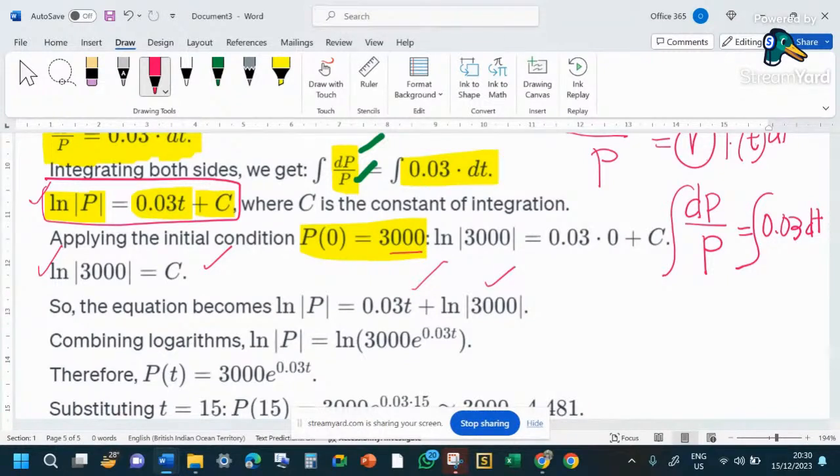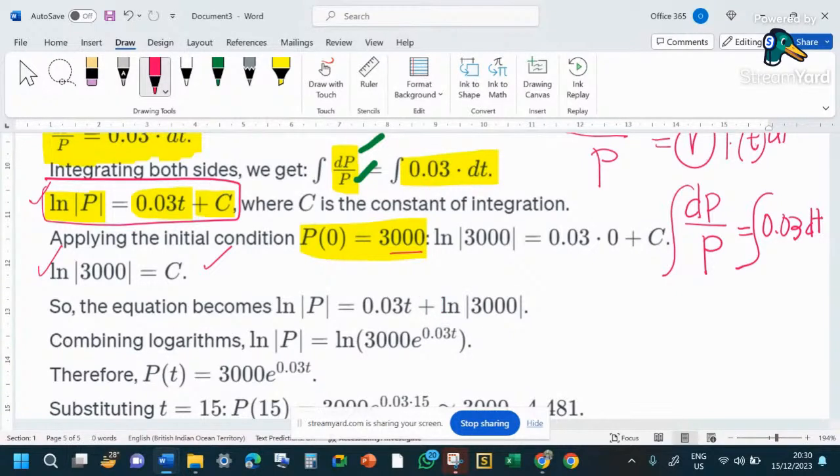Now, because both are ln, we have to convert this one into a natural logarithm as well. And because this is a plus, plus means multiplication.